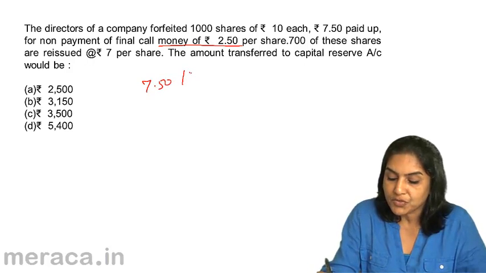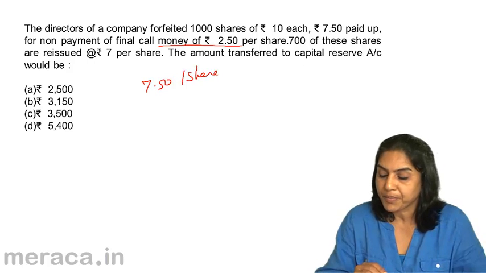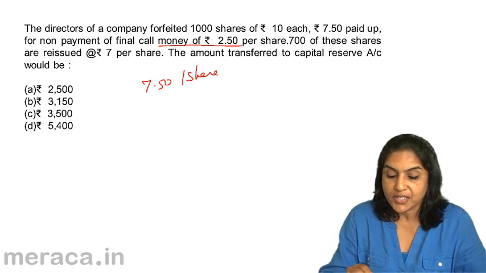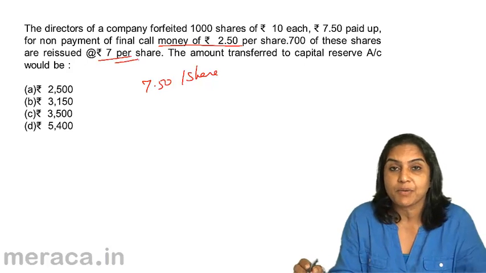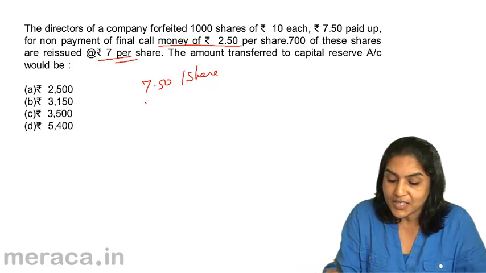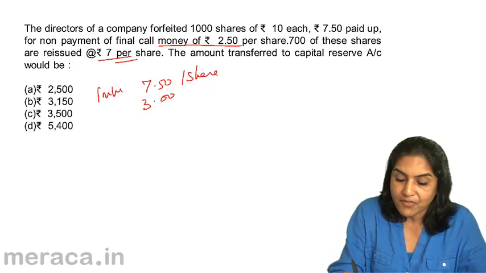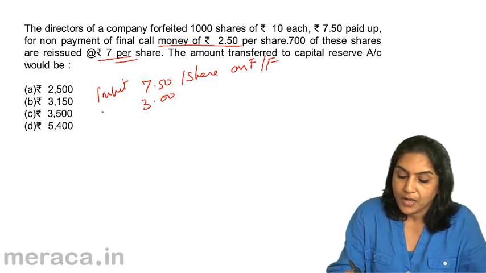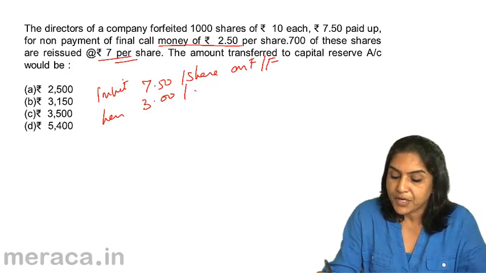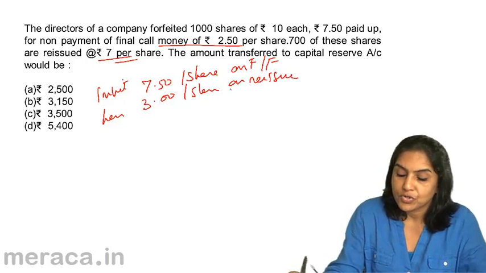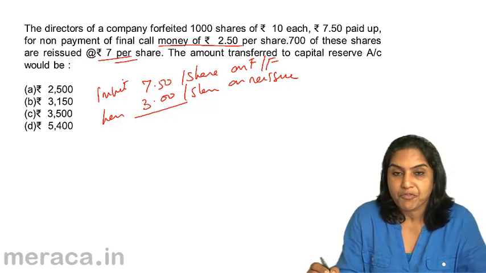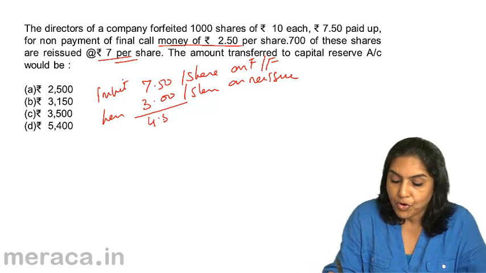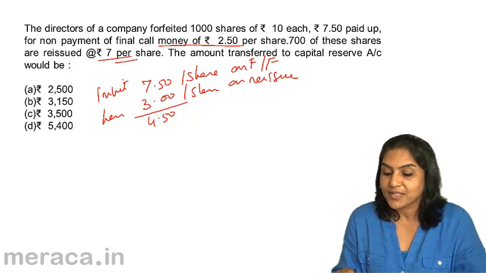Therefore, 7.50 per share is the profit made. 700 of these shares are reissued at rupees 7 per share. That means the discount or the loss is actually 3 per share. So, profit is 7.50 per share on forfeiture. The loss is 3 per share on reissue. So, what is the net gain? 7.5 minus 3, 4.50 per share is the net gain.